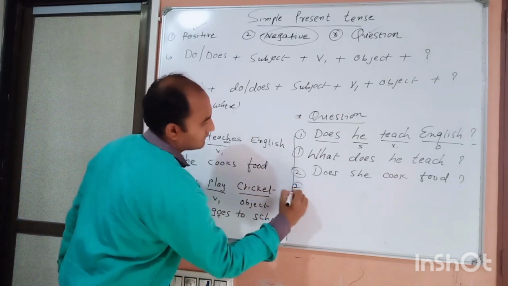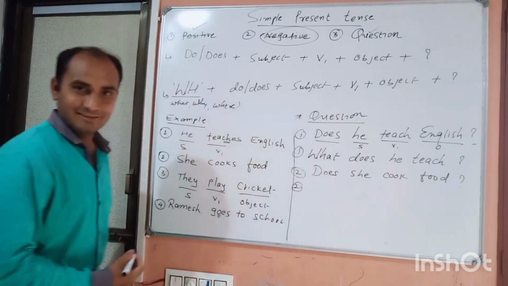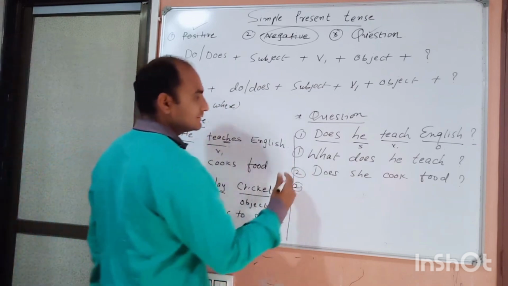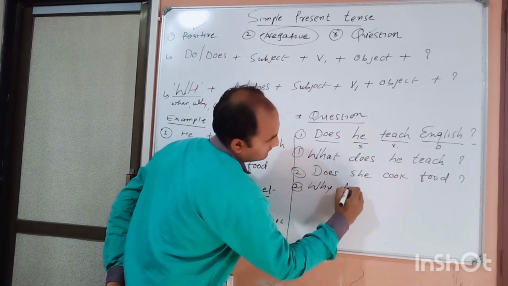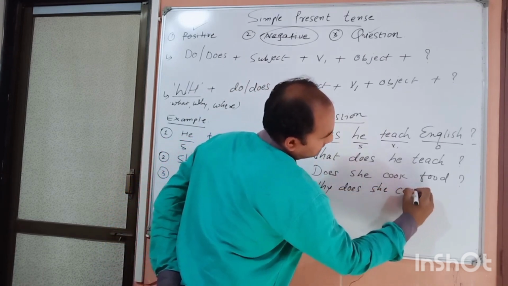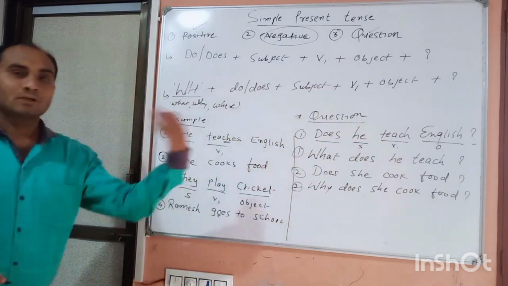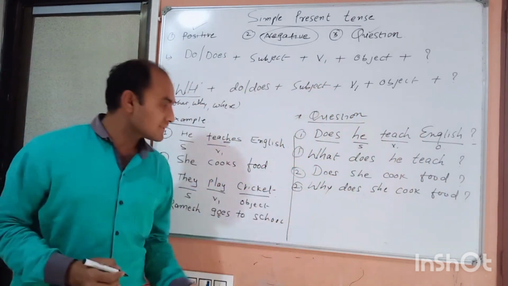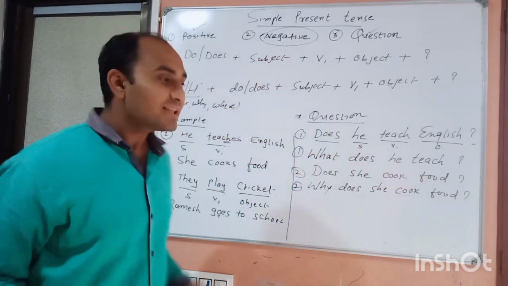And the second way: what does, and then we can also ask why does she cook food? Question mark. Through this question we will get the answer, the reason. Why does she cook food? क्यों वो फूड पकाती है?